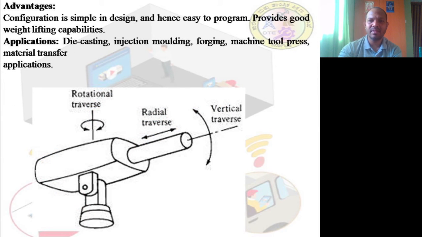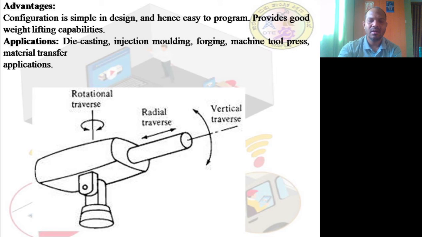This is the base. About its base axis it can rotate, which provides a rotational traverse, and then there is a radial traverse, which can rotate up perpendicular. It can rotate and it can vertically traverse, something like this. It can vertically traverse, and then radial traverse: rotational, radial and vertical traverse.